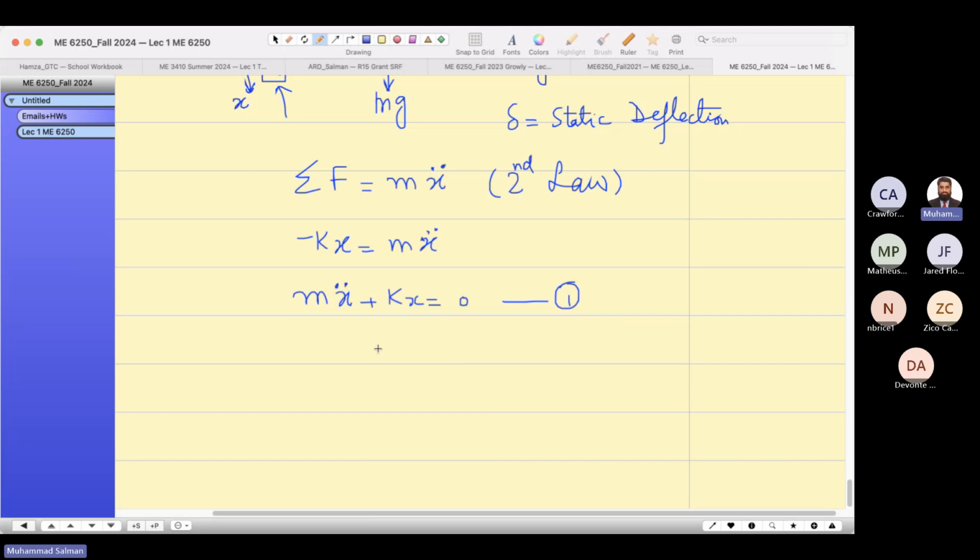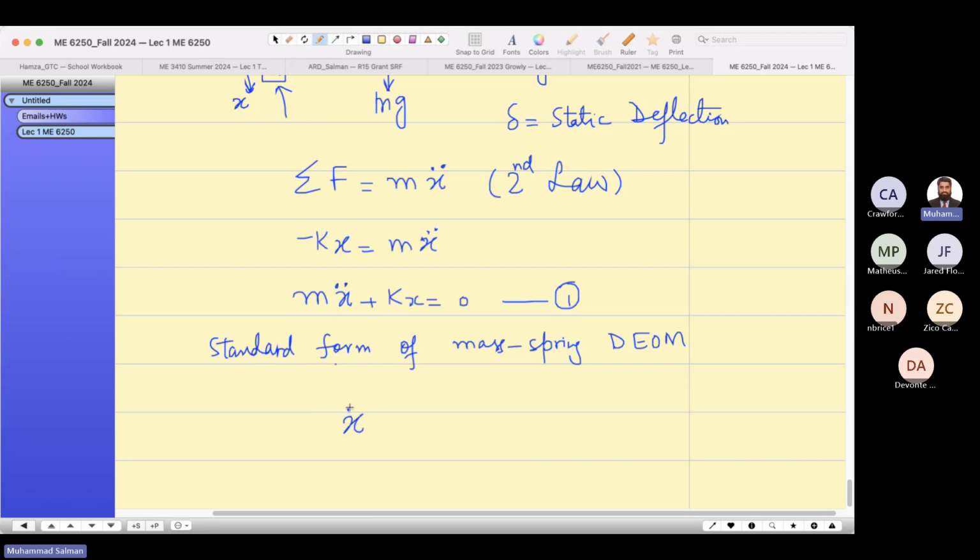Now I want to find out the natural frequency. So the natural frequency, the standard form. What is the standard form of a mass spring differential equation of motion? So the standard form is this one. Let me rewrite it over here.